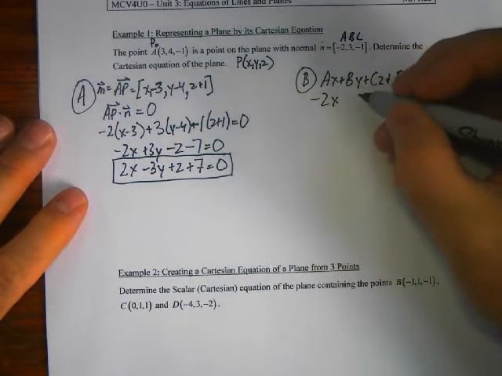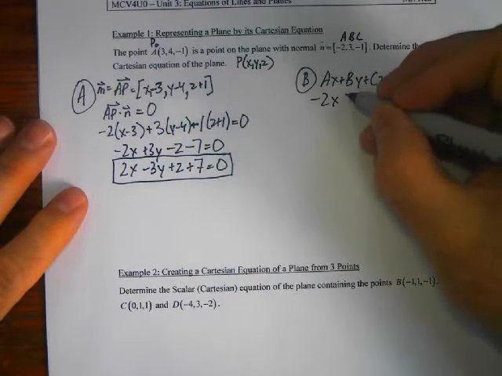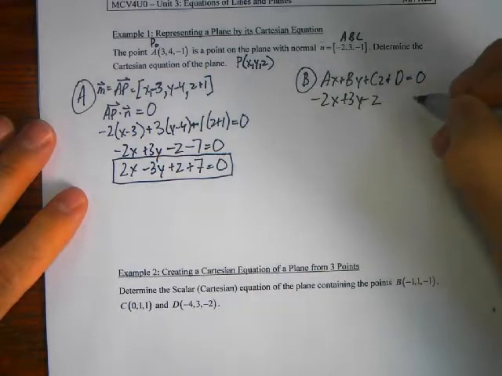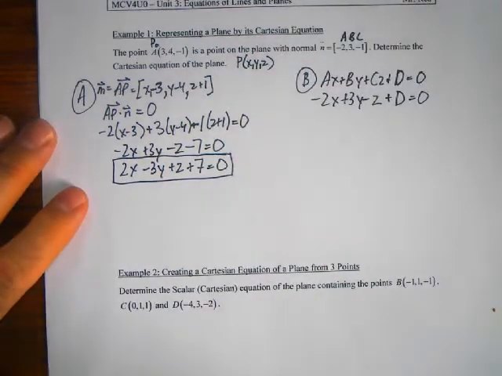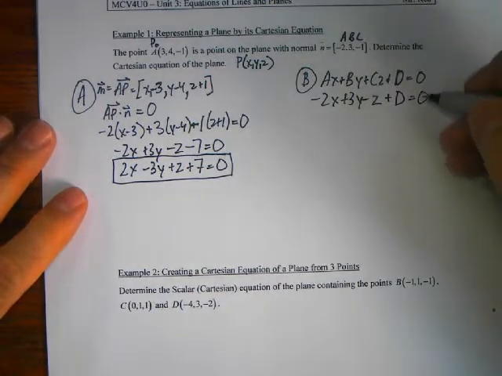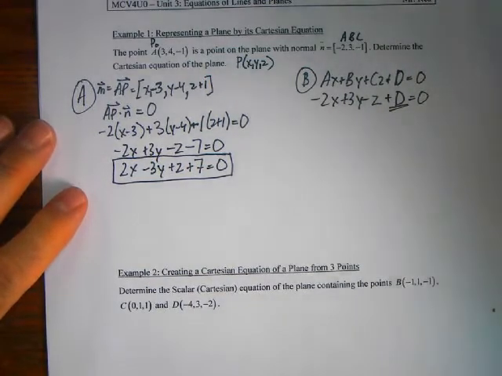So I get negative 2x plus 3y minus z. And the problem is we don't know what d is. It still has to be a variable, because there's lots of planes that have this normal, we have to come up with a specific plane which is determined by that value of d.